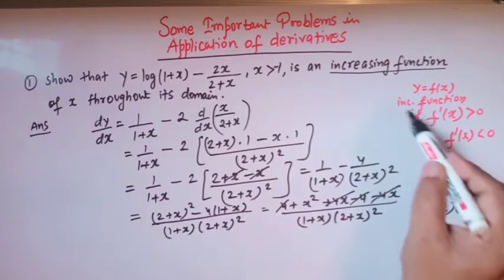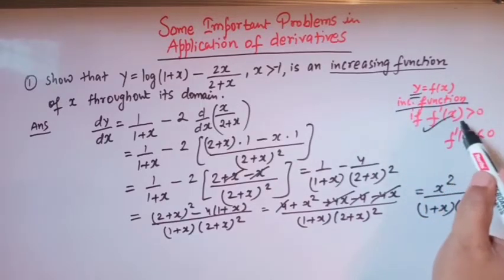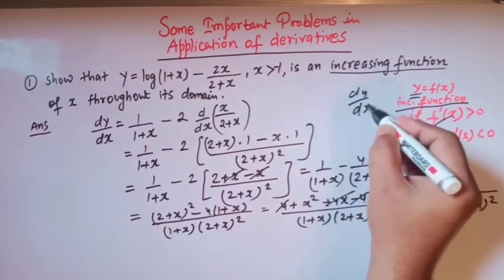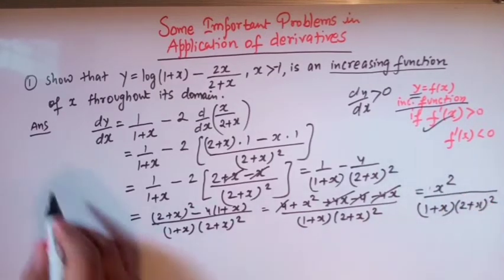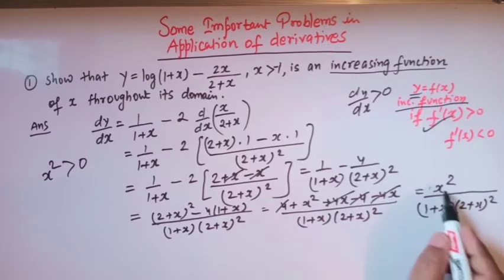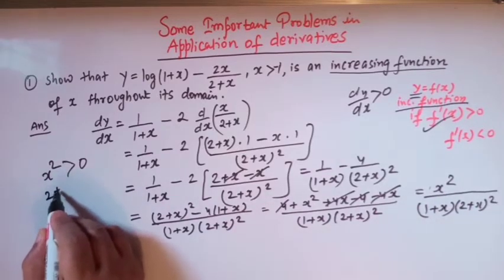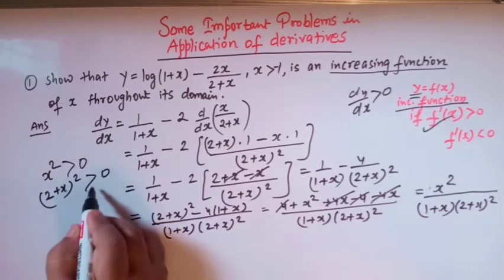Now for a function y to be an increasing function, f dash x should be greater than 0, or dy over dx must be greater than 0. Now here we see that x square is always greater than 0, right? And (2 + x) whole square is always greater than 0.